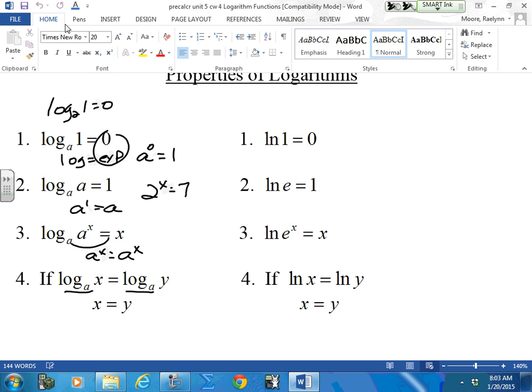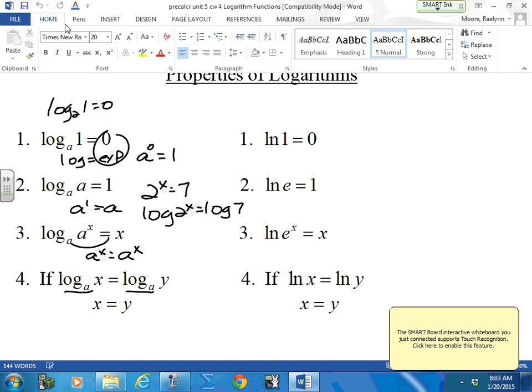Remember this? We're gonna work on this tomorrow, but remember this? We had to take the log of both sides. And then you can bring down your exponent. Now, on the flip side of that, if you have logs on both sides that are the same, you can take them away. You can take your logs away on both sides. If I can put logs on both sides, I can take logs away from both sides. But they have to be one term. They can't be multiple terms out there.